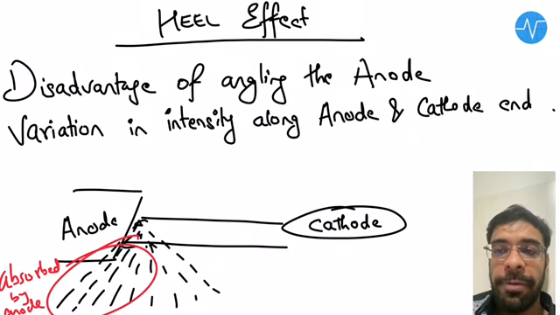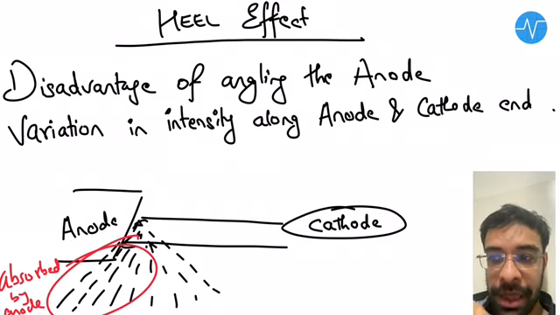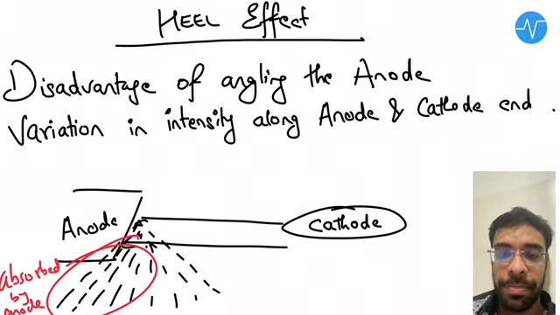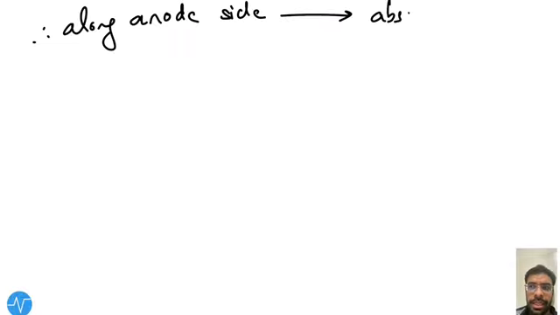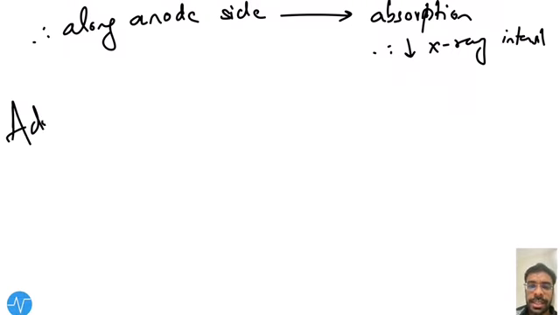Therefore, there will be variation in the intensity of X-rays across that fan-shaped beam. Because of the heel effect, along the anode side there will be absorption of X-rays by the anode, therefore a decrease in the intensity of X-rays.